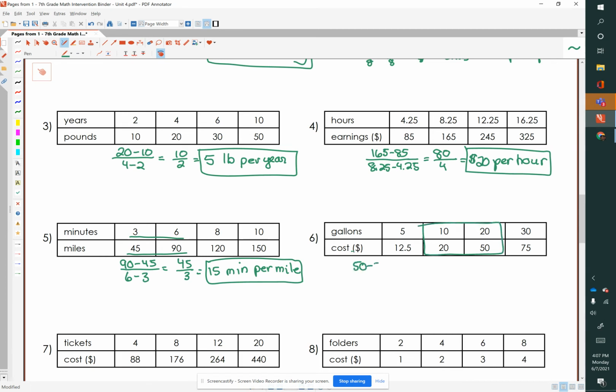So 50 minus 20 over 20 minus 10, which would be 30 over 10. 50 minus 20 is 30, that's right. 20 minus 10 is 10, and that would be $3 per gallon. Let's put a dollar sign there.